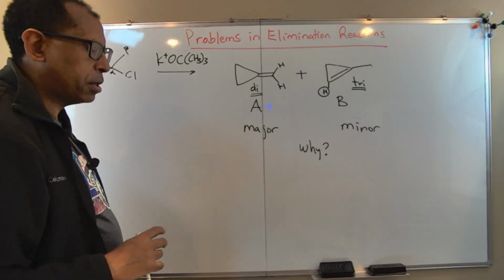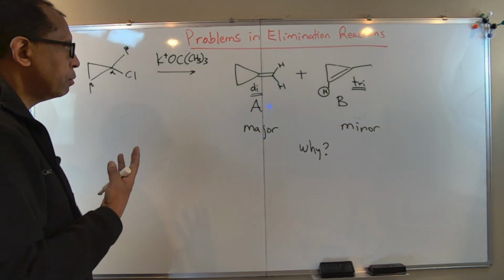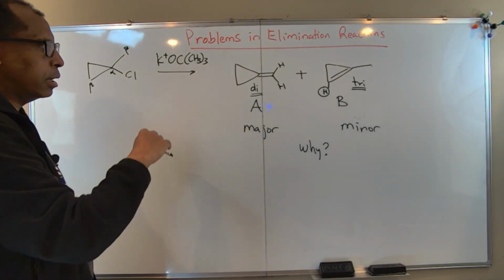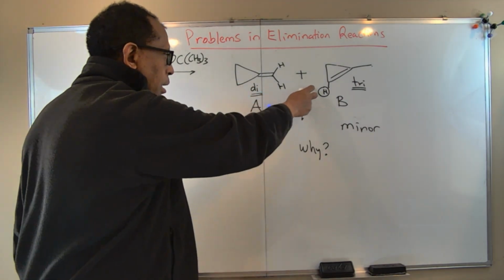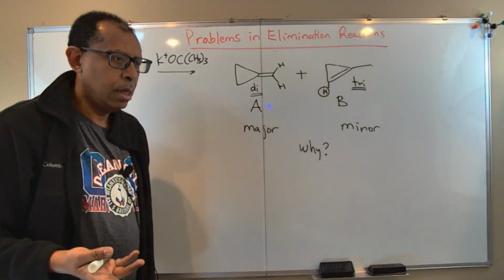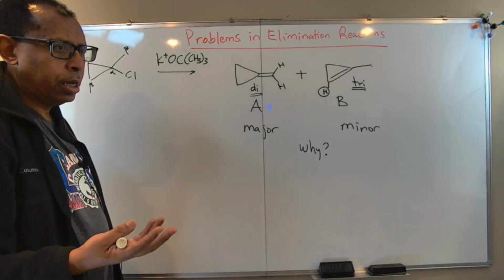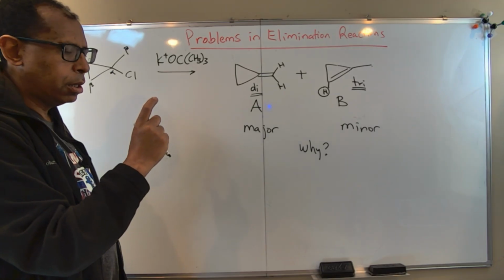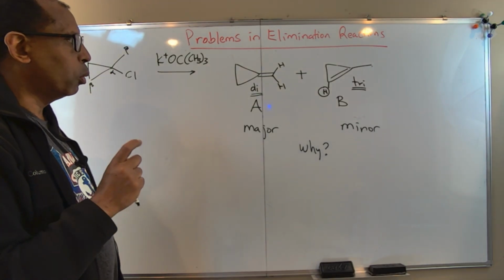So it's reversed. The main explanation we could give for this is very simple. The internal alkene is very hard to make. If you remember, angle strain and torsional strain become more severe as the ring system gets smaller and smaller.